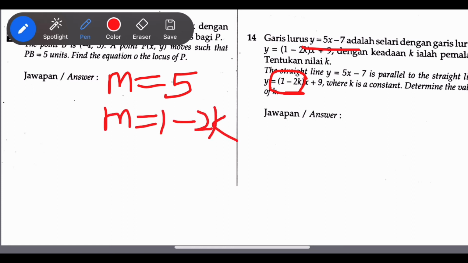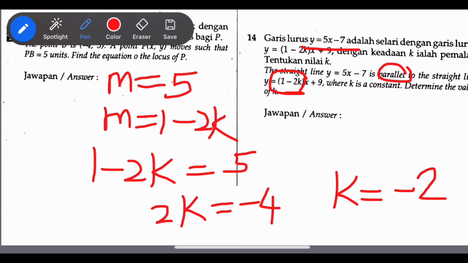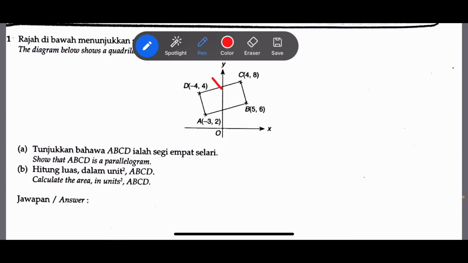For the first line, the gradient is 5. For the second line, the gradient is 1 minus 2k. Since they are parallel, we can say that their gradients are the same. So 1 minus 2k should be equal to 5, and then 2k is equal to negative 4, hence k is negative 2.